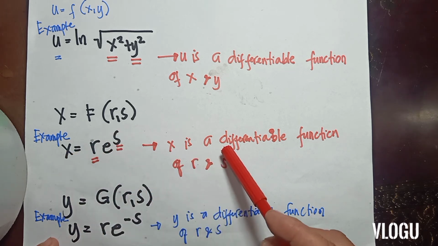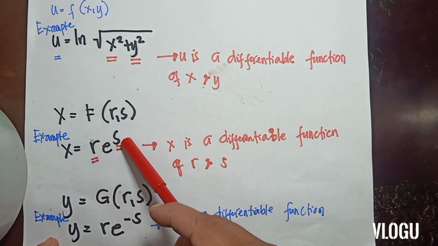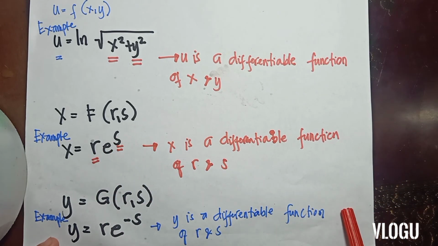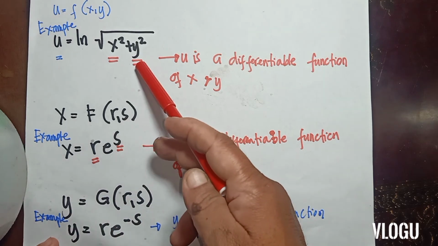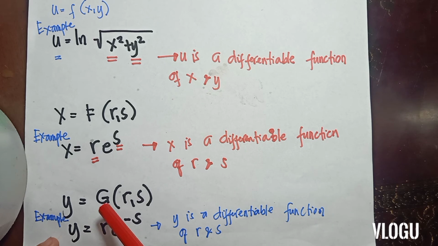So x is a differentiable function of r and s. We also have y given as a differentiable function of r and s. For example, y is equal to re^(-s).